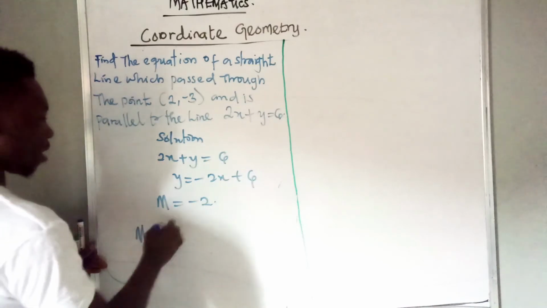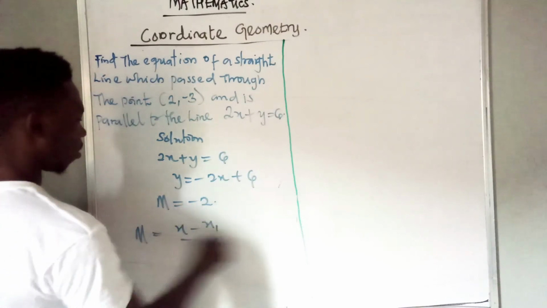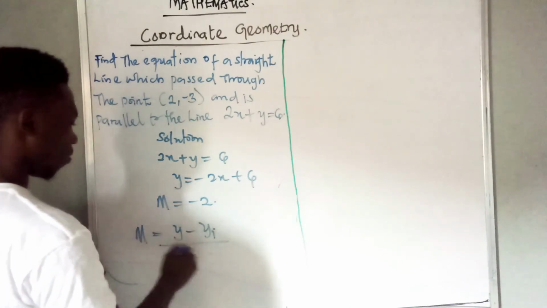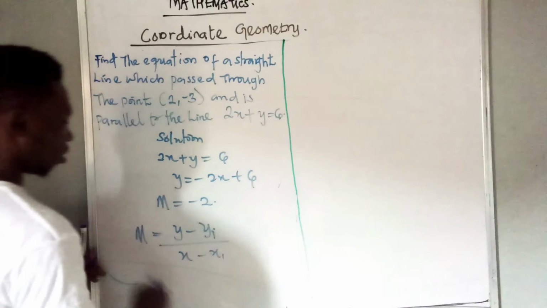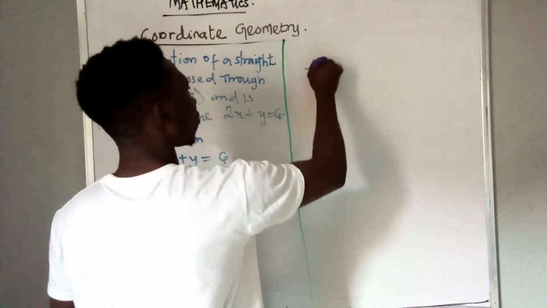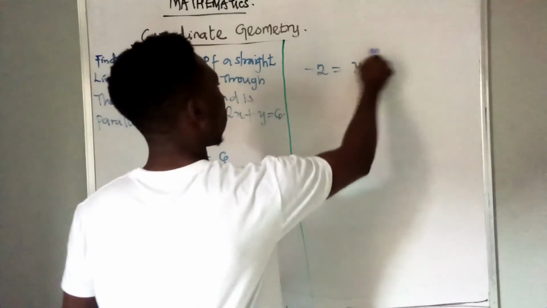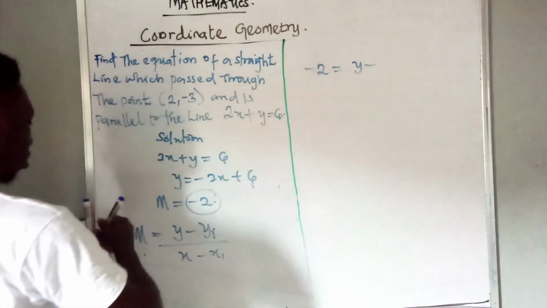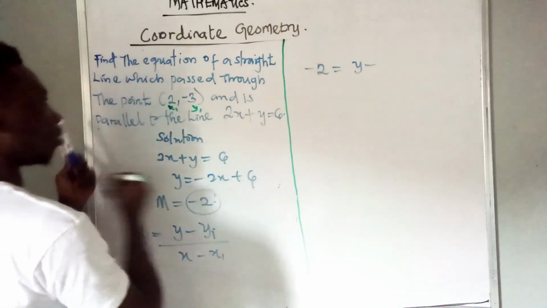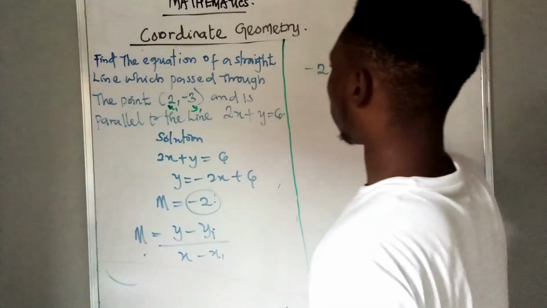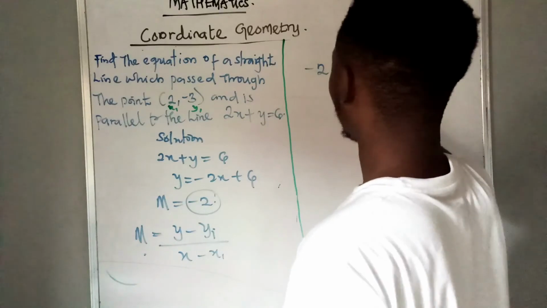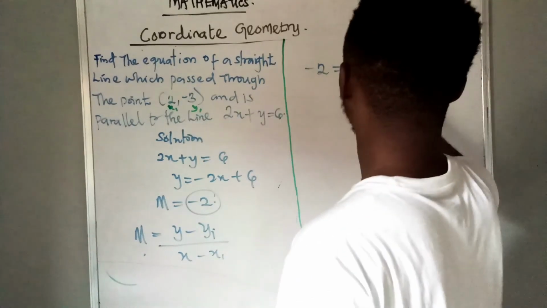That's m is equal to y minus y1 over x minus x1. Since we have our slope as minus 2, minus 2 is equal to y minus y1, that is minus 3, over x minus x1, that is minus 2.